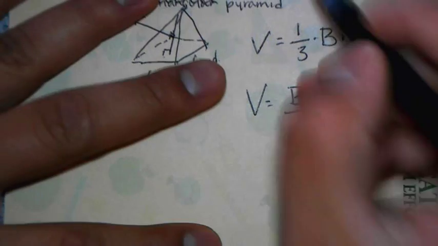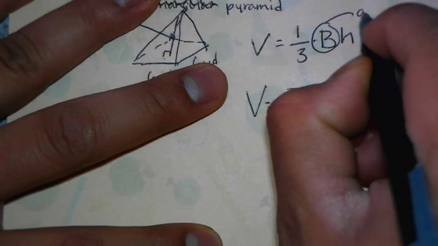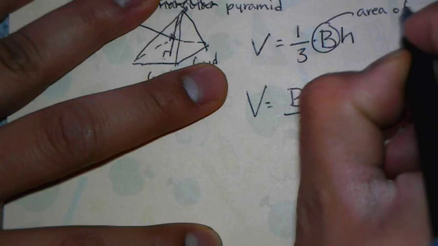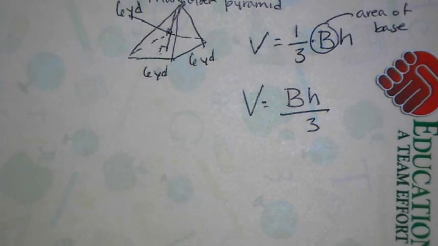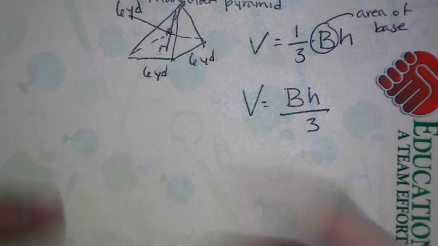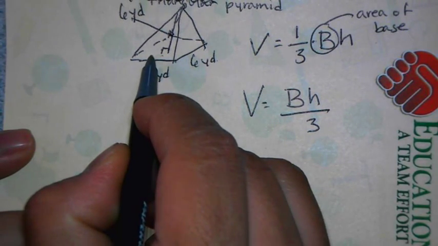Okay, and so I understand that this is my area of base. Now what shape is my base?